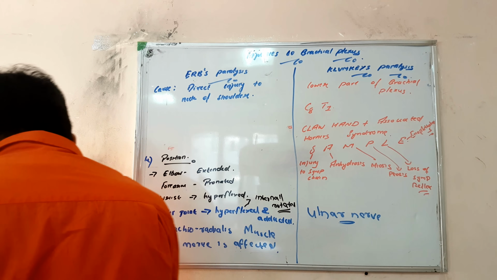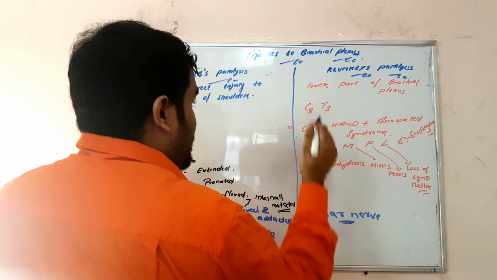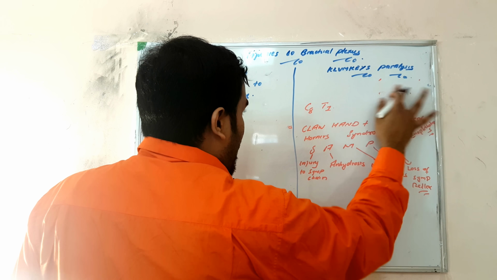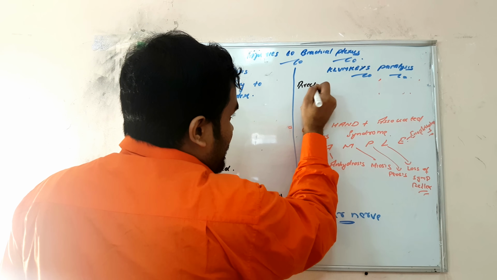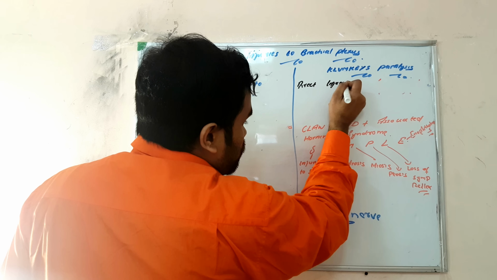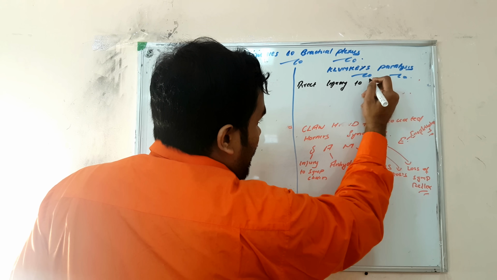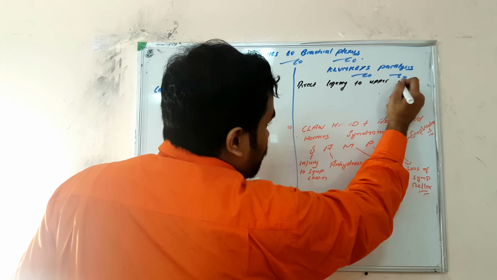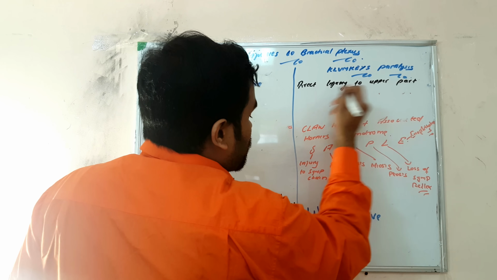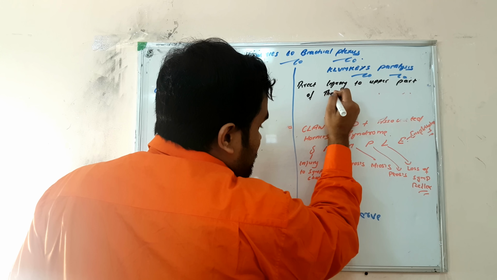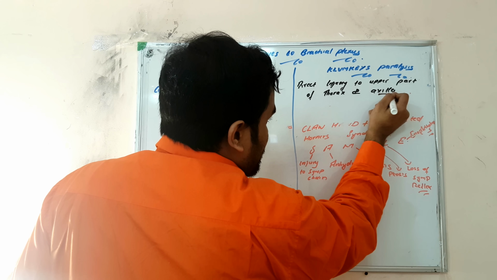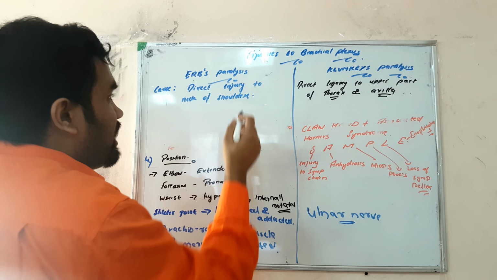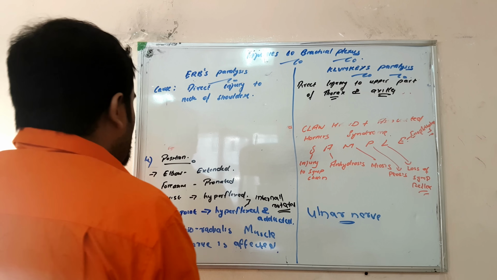In Klumpke's paralysis, it is also direct injury to the upper part of the thorax and axilla. Here it is injury to the neck and shoulder.